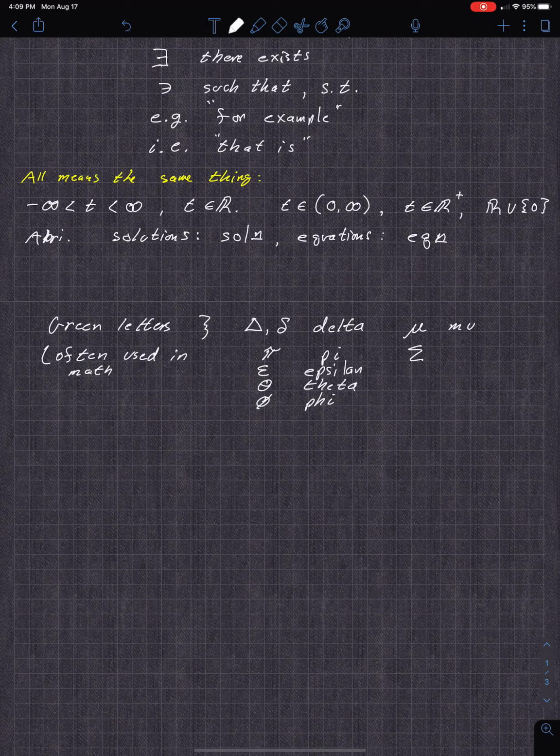Capital sigma, probably seen that. That's capital, or just upper, I'll say upper, lower, it's easier to write it out. So that's upper, and then you have the lowercase, looks like that. That's also sigma lower.